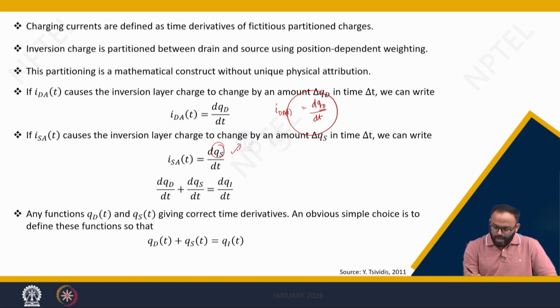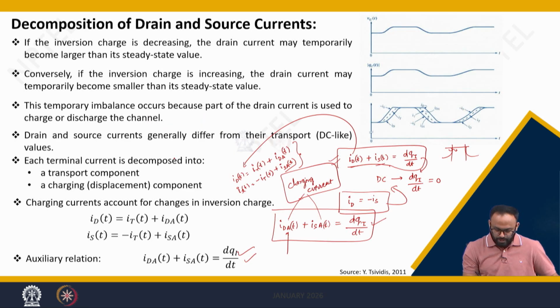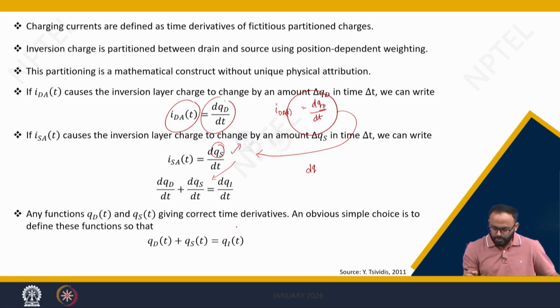Now, we do have multiple options to define these charges. The only consideration is that it should maintain the continuity of these derivatives. A simple approach is to rewrite these equations, following these equations and the previous equation, as dQd divided by dt plus dQs divided by dt is equal to dQi divided by dt.